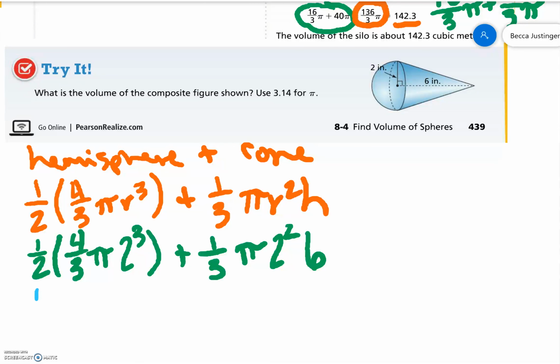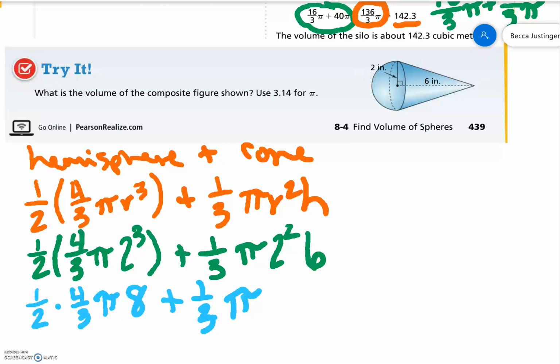Now I'm going to do my exponents, so keep the 1/2 times the 4/3 pi. 2 to the 3rd power is 2 times 2 times 2, which is 8, plus 1/3 pi, 2 squared is 2 times 2, which is 4, times 6.